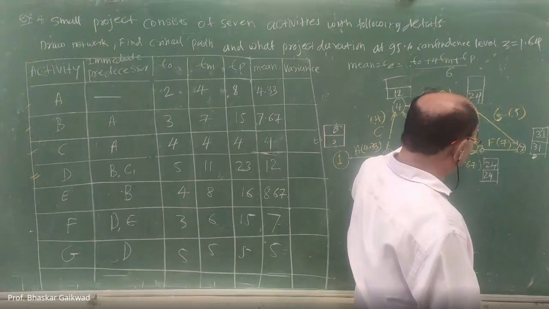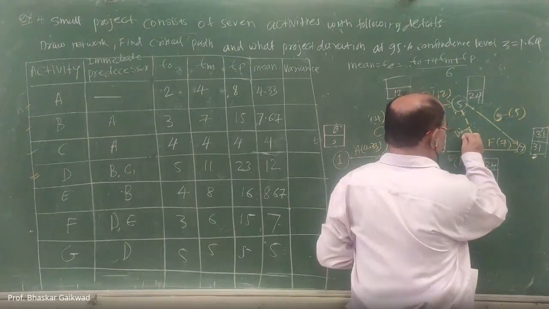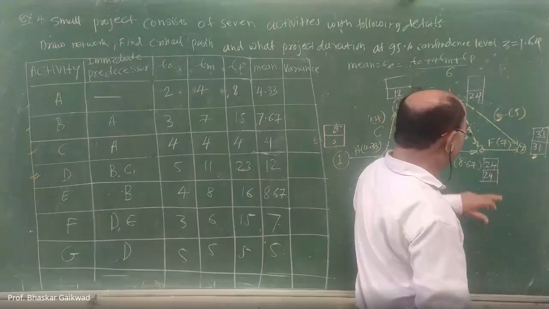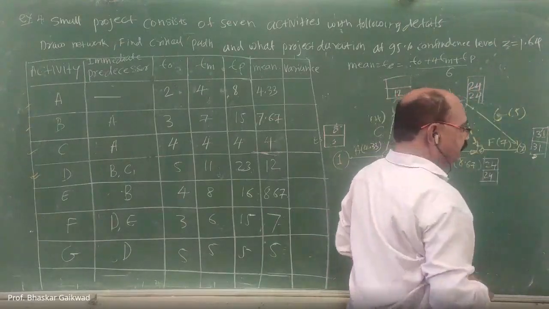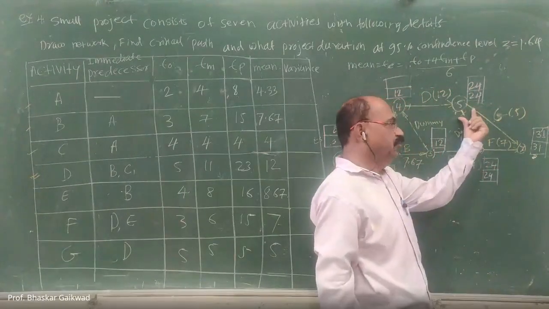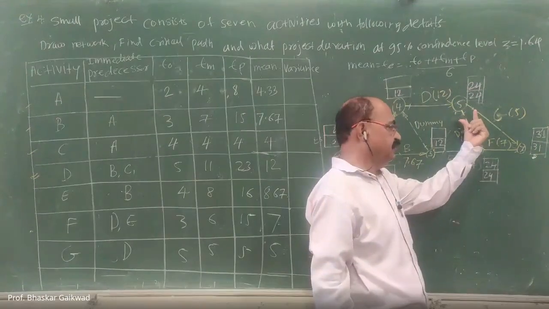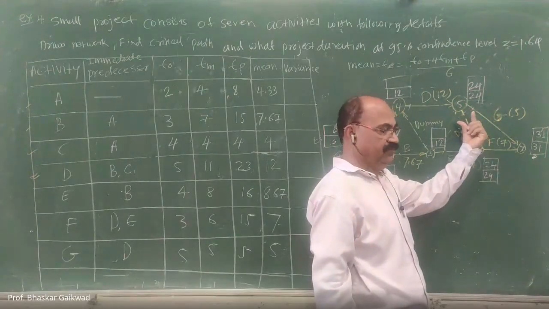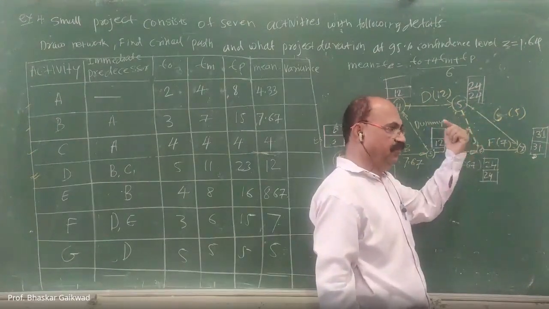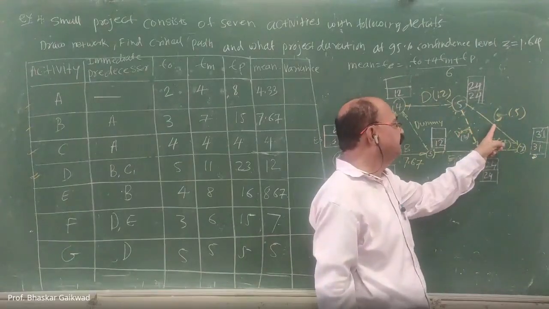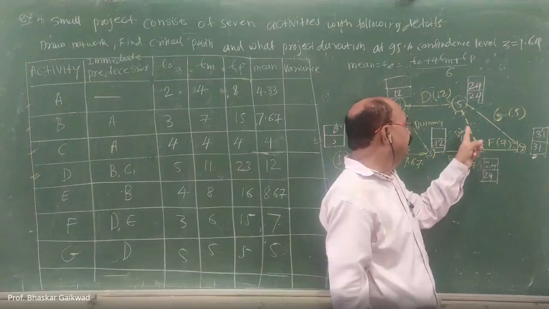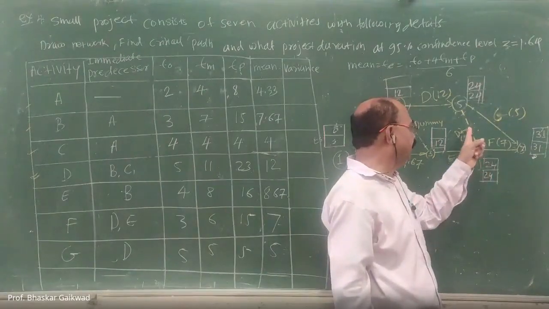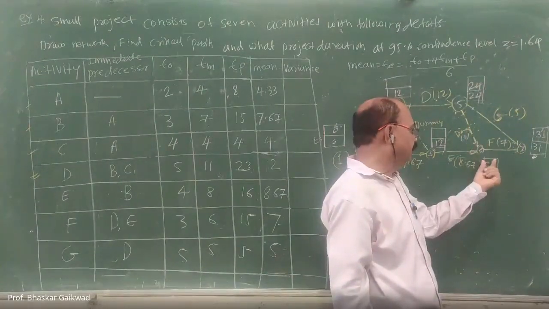And 24 minus 0, because the dummy activity has 0 time, so here it should be 24. Once again, 2 activities are there. You have to consider the minimum value of the particular activity. If you consider this, 31 minus this duration is 26. For this activity, 24 minus 0, dummy activity 0. So this is the minimum.